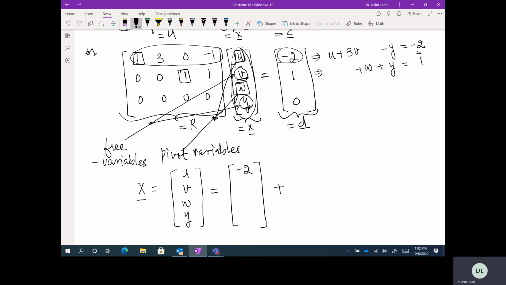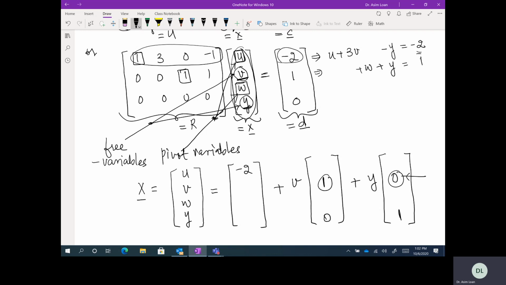These are the free variables. So V, Y, and we know, so this is minus 2, and we alternately put the free variables 1 and 0. So 0, 0, and 1, right? So these are my free variables.